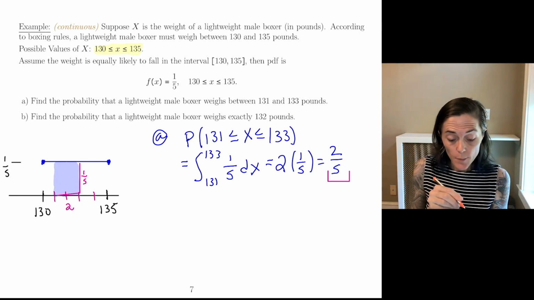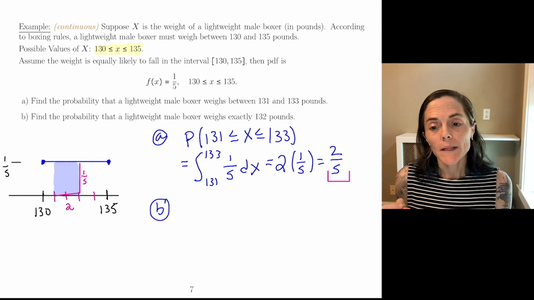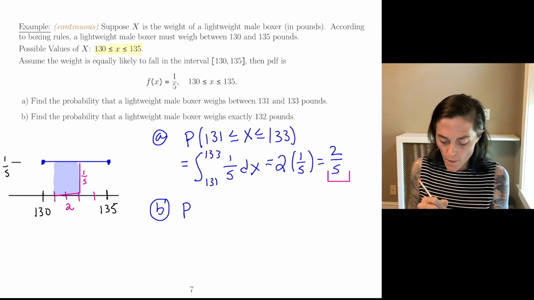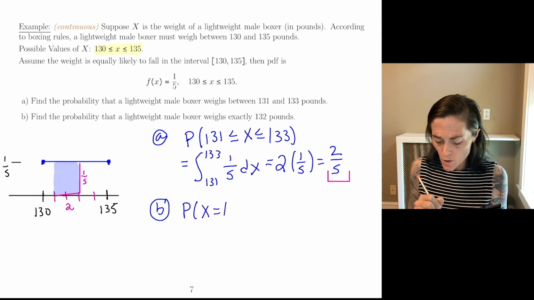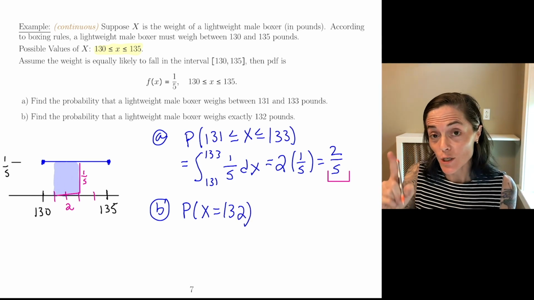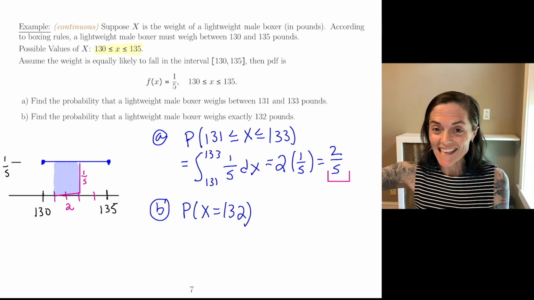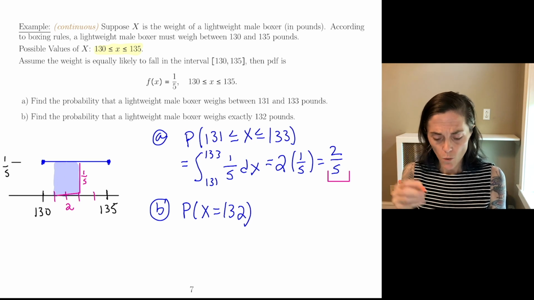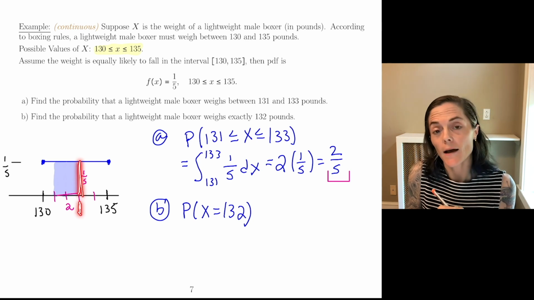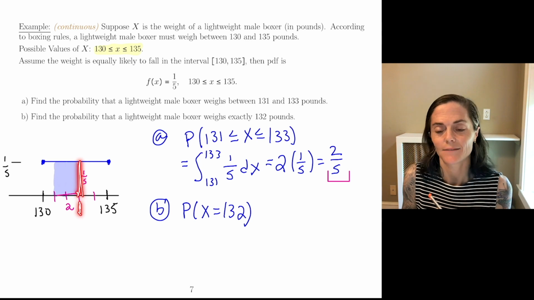Next one, find the probability. Well, this is a really great question to think about. The probability the male boxer weighs exactly 132 pounds. So we want the probability that capital X equals 132 pounds. First of all, it's very important to understand in the continuous random variable world, probabilities are areas. So what you're asking yourself, here's 132. You're asking yourself for the area under the curve just sitting over 1 point. Well, it's two-dimensional area.